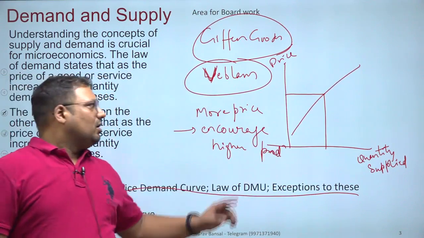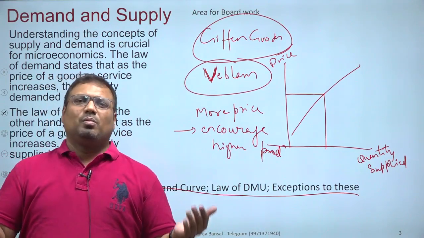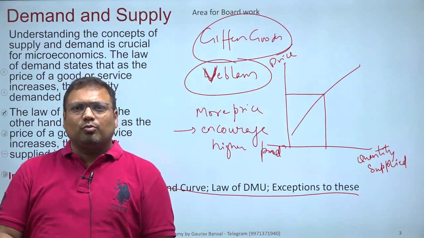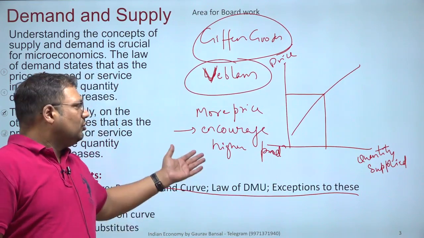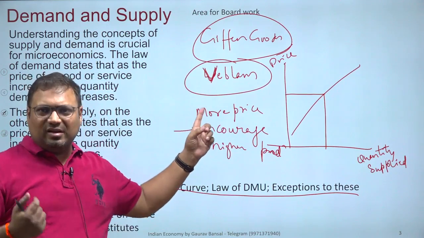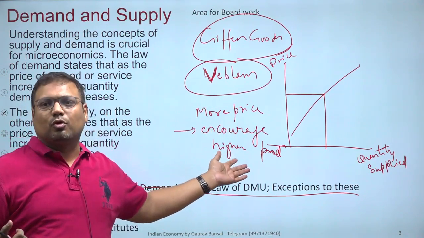Okay, and higher production means more growth, more jobs, because in order to produce more I have to hire more people, I have to set up more machinery. So basically when price rises, a producer is encouraged to produce more, and that leads to growth.